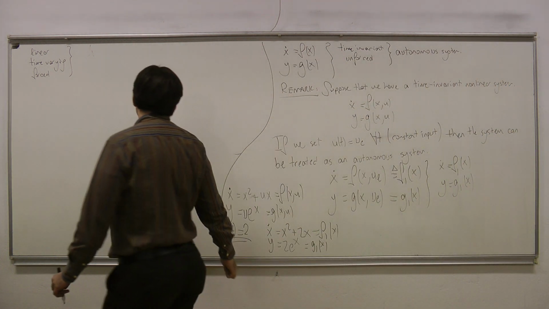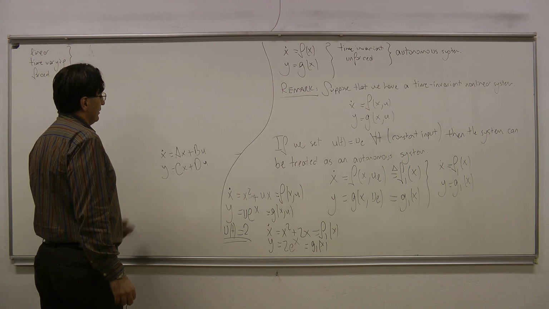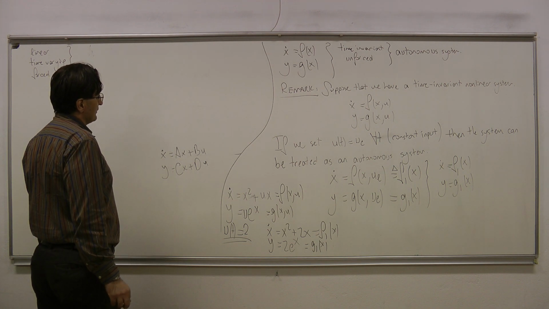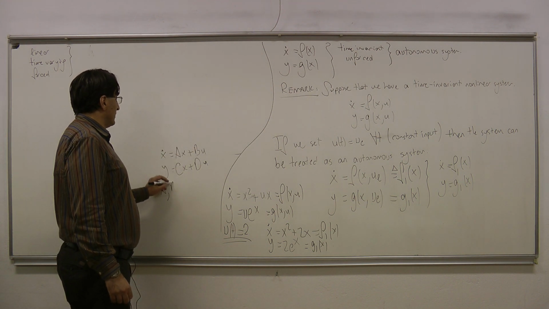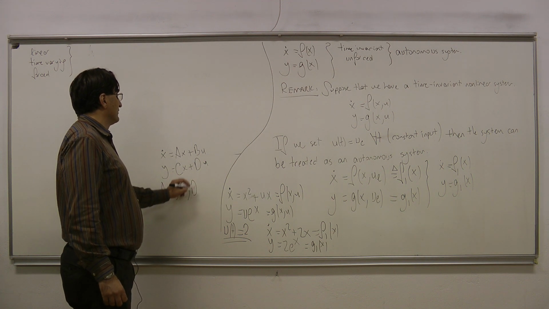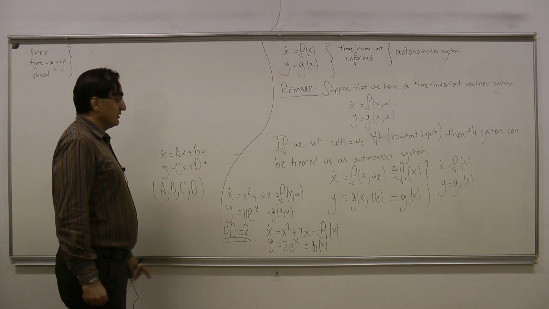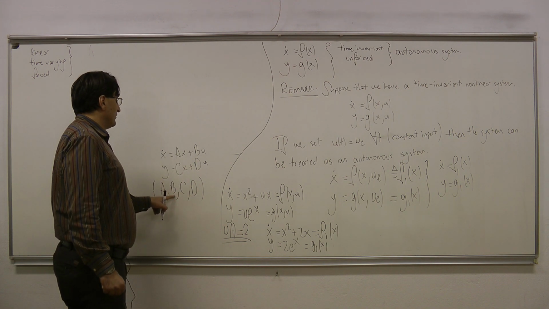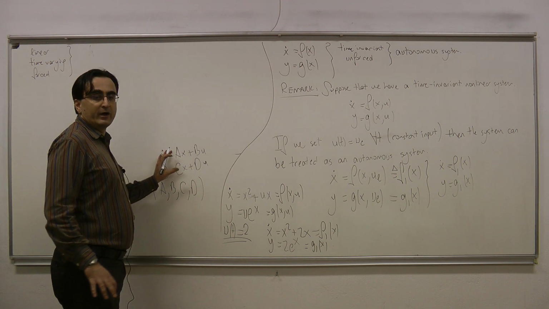So really, I cannot put some arbitrary terms here to make this system time varying. Sometimes this representation is shown as this. If I am given A, B, C, D, I can write this representation, and this A, B, C, D describe all of the relationships between these variables.